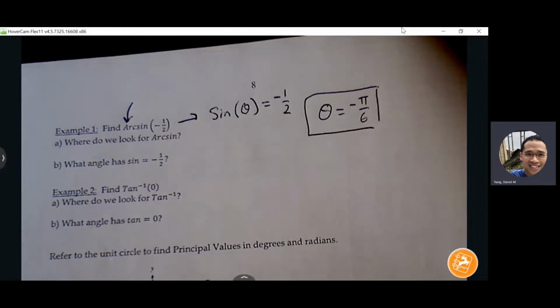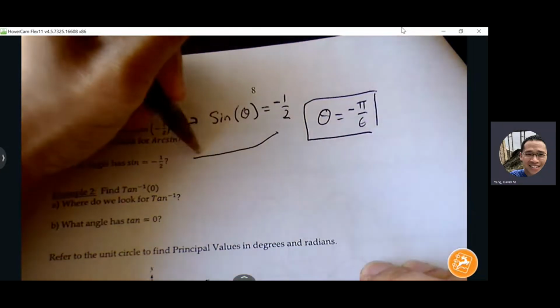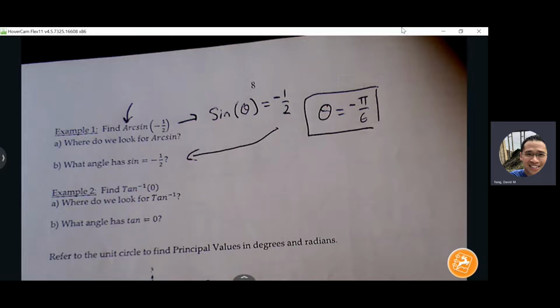So we're looking at just the value closest to the x-axis. Basically we answered part B there: what angle has sine equals -1/2?